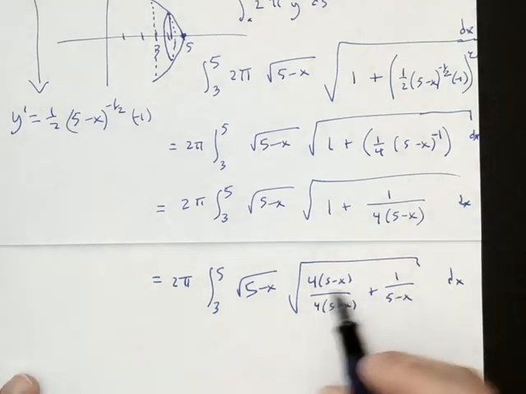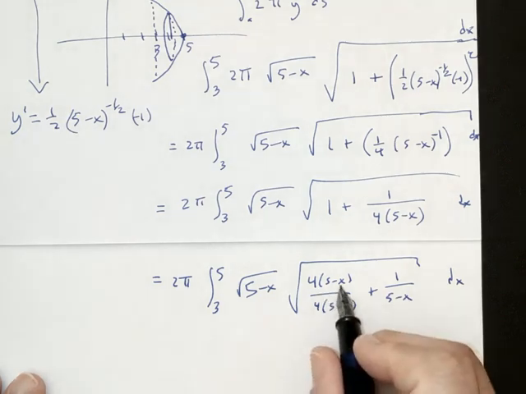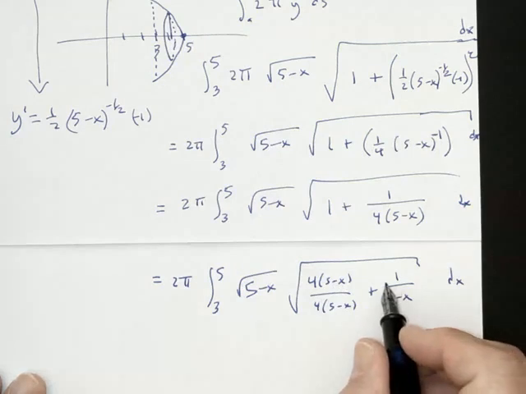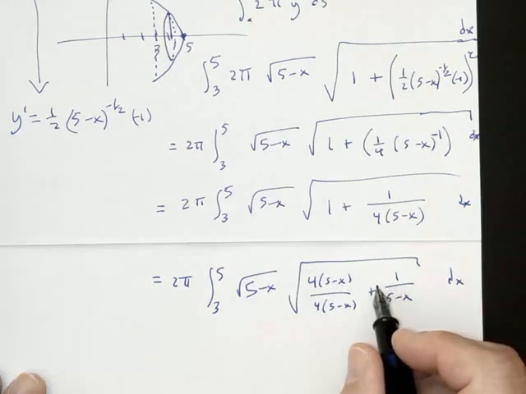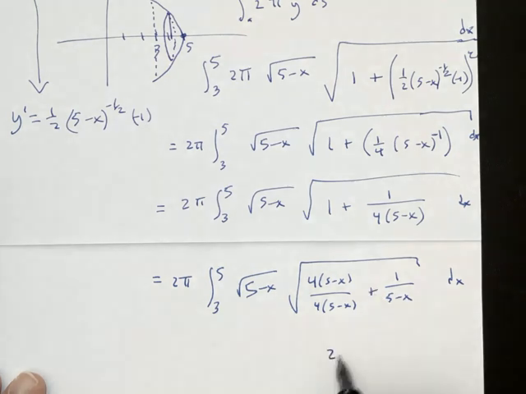Which makes this top 20 minus 4x plus 1. Or 19 minus 4x? No, 21 minus 4x.